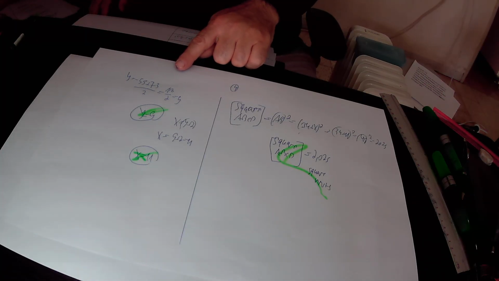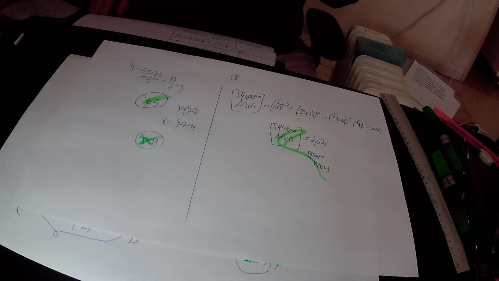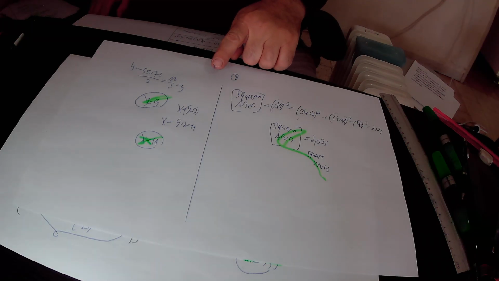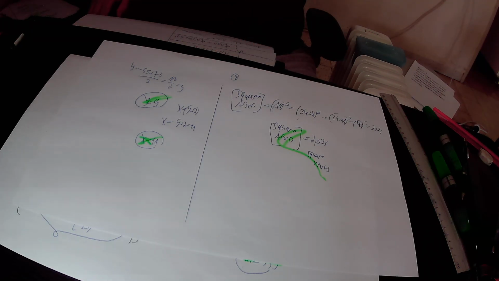Minus 55 plus 73 is 18, and 18 over 2 is 9. So we found that y equals 9 units, and since x equals y plus 2, x equals 9 plus 2, which is 11. Again, x equals 11 and y equals 9.